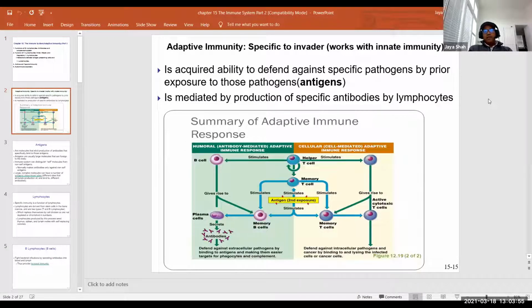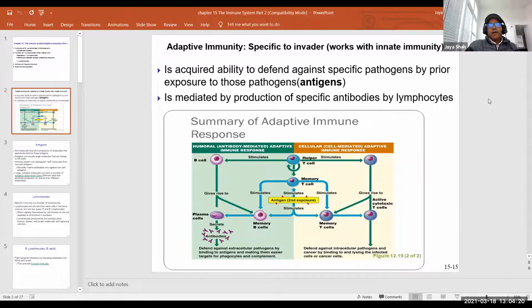Adaptive immunity is specific to the invader. That means whatever antigen you are exposed to, your body will make immunity against that particular antigen. Let's say you are exposed to COVID virus, your body will make immunity against COVID. And that's why it is specific to COVID.